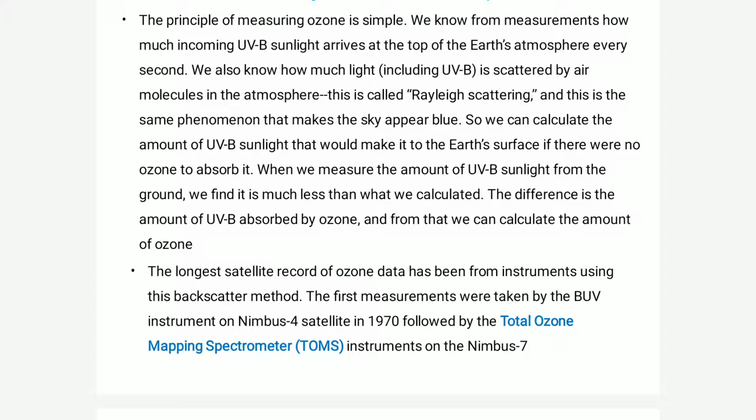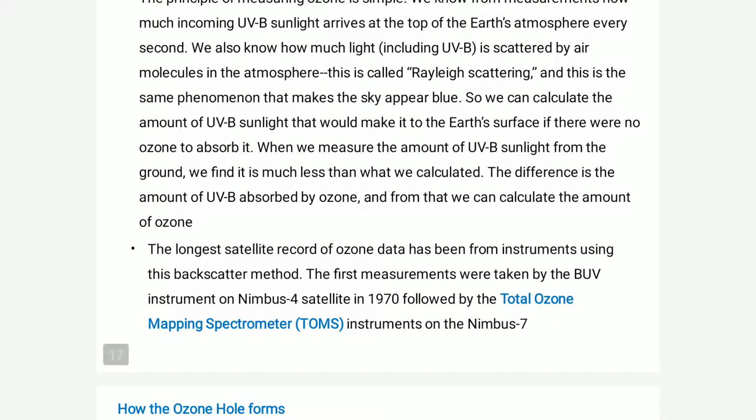If you want to measure the ozone from the top of the Earth, that is through the satellite, the main technique is the TOMS, the Total Ozone Mapping Spectrometer, which is placed in the Nimbus 7 satellite.